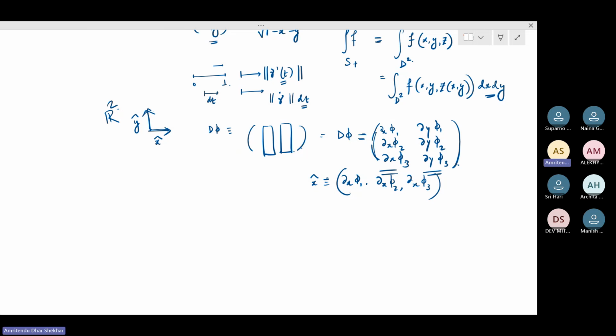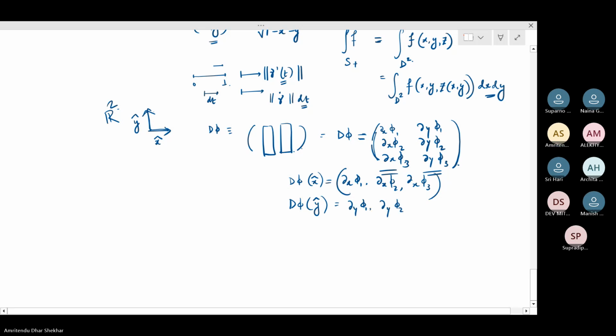So essentially what this means is that d phi of x cap is equal to this, and d phi of y cap is equal to del y phi1, del y phi2, and del y phi3.